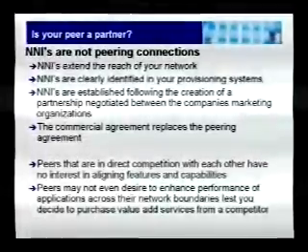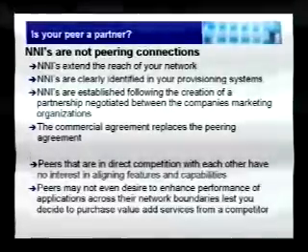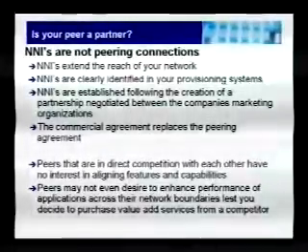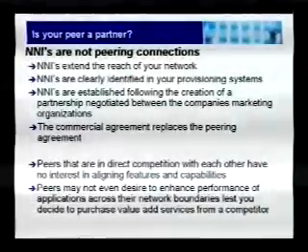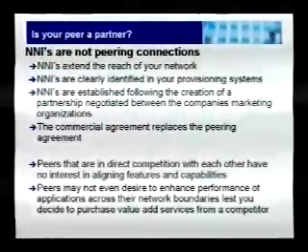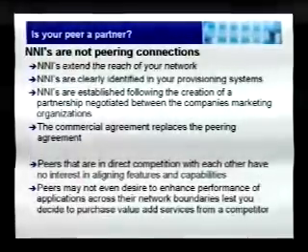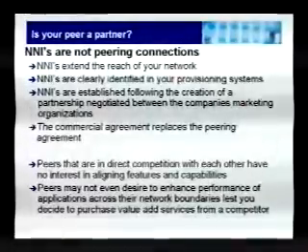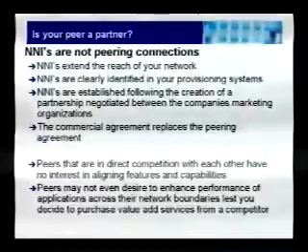Now, we didn't just casually enable NNIs with everyone else to create this global ATM internet. We actually did it for very specific reasons. So there was a commercial agreement that came about, and if we apply that to our partnerships and our extension of our multi-service networks, we're looking at much the same kind of thing. We're looking at a commercial agreement that looks very similar to what we had for ATM NNIs in the ATM world.